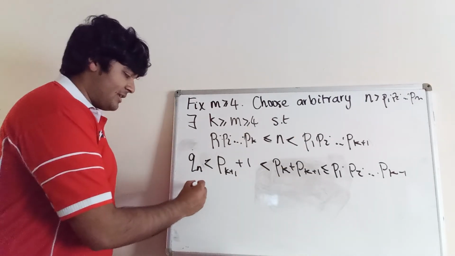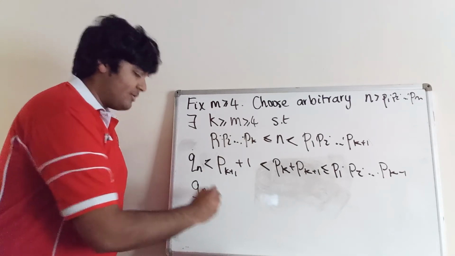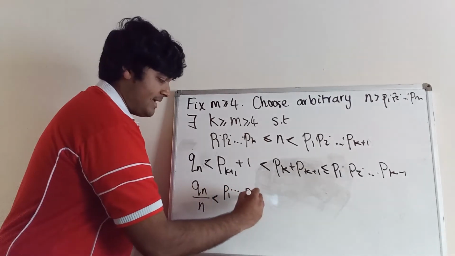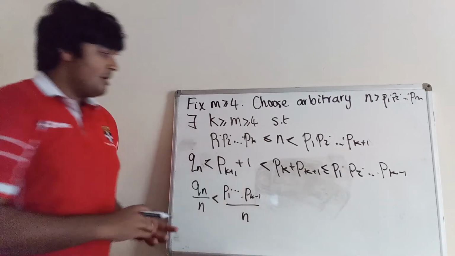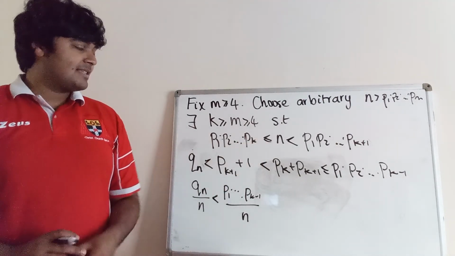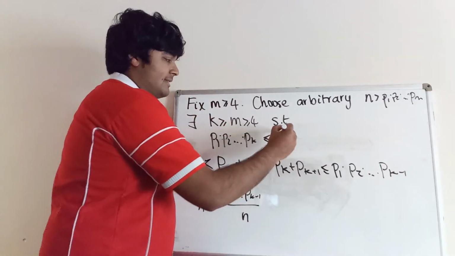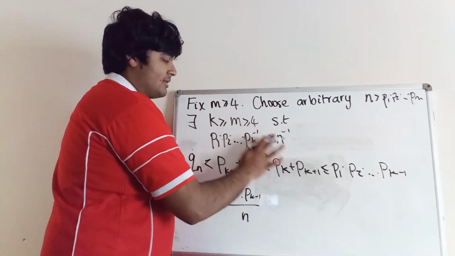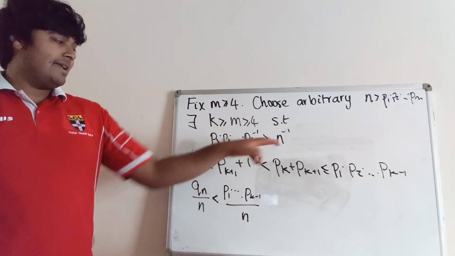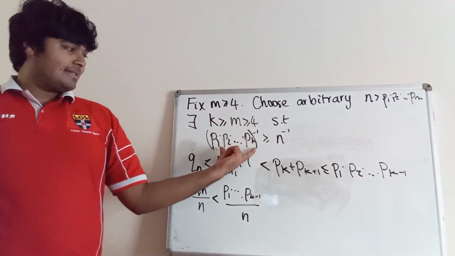But then we have that Qn over n is going to be strictly less than p1 all the way up to pk minus 1 over n. If you look at this inequality here, if we just take the reciprocals of it, that of course flips the inequality sign, and that gives us that 1 over n is less than or equal to this inverse.